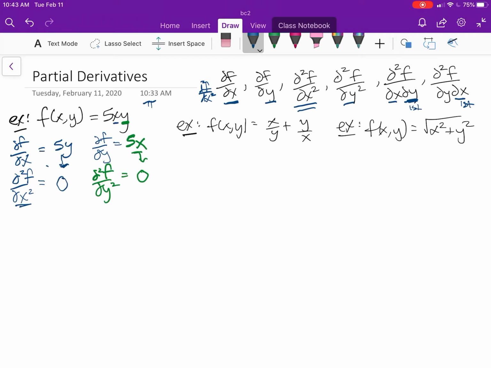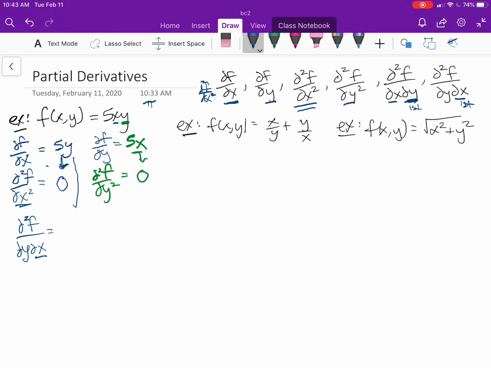Now, if we do the second partial, I'm going to do the last one that I've written over there first, right here. And the reason is, remember, this one says I need to take the partial with respect to x first, which is the 5y.